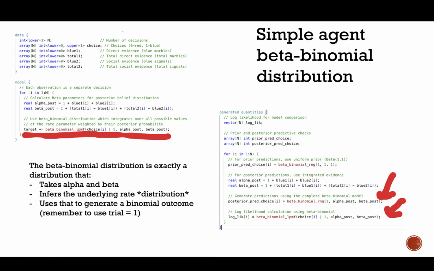So does it make sense to make a Bayesian model without parameters? Yeah, because we already know what the distribution looks like.